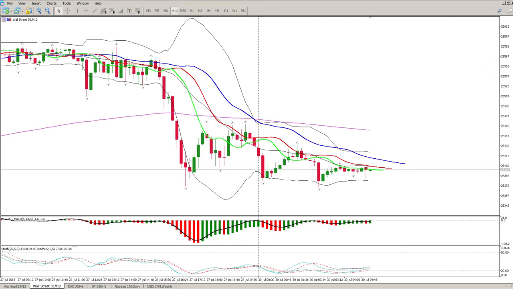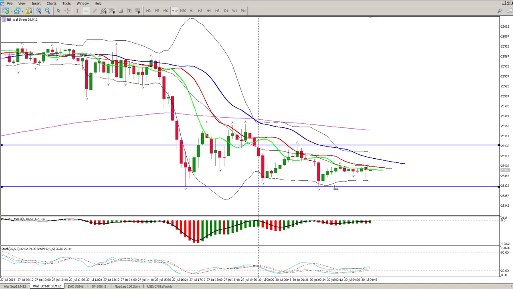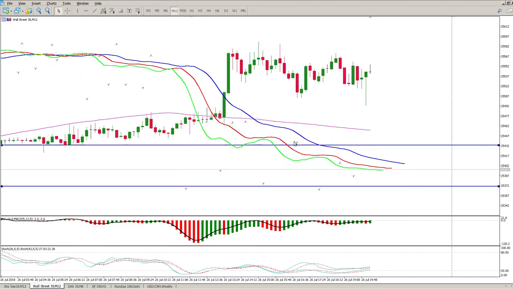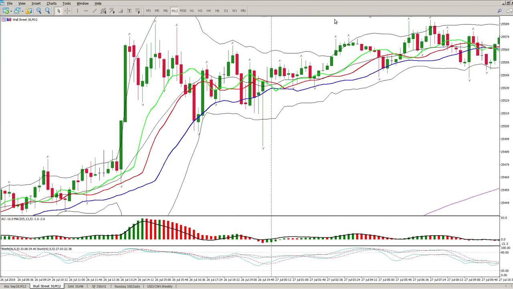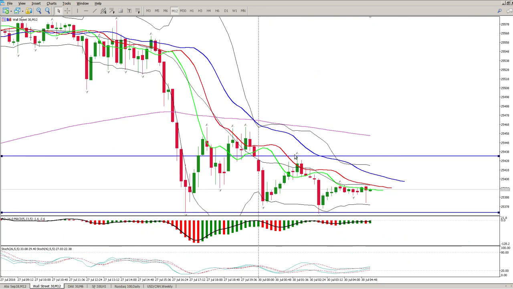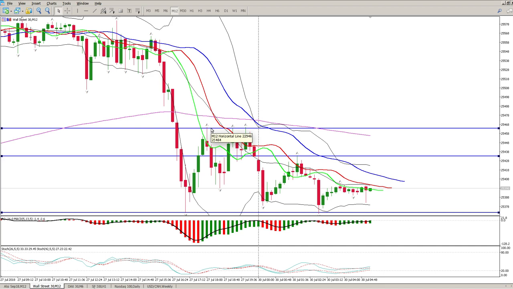So for the Dow, I'm really looking to see what happens above or below these fractal levels. Above 25,430 and a proper break above this level up here, 25,465, will give me a double bottom target to the upside.